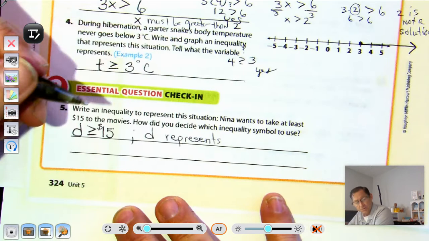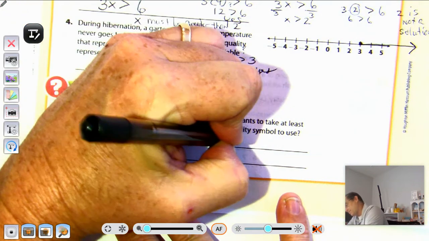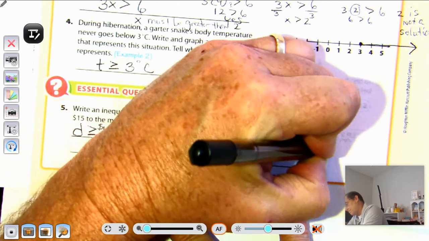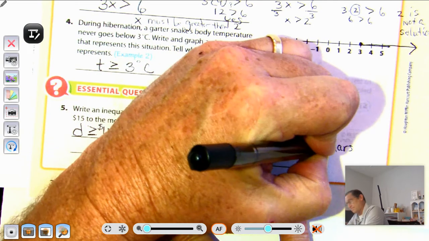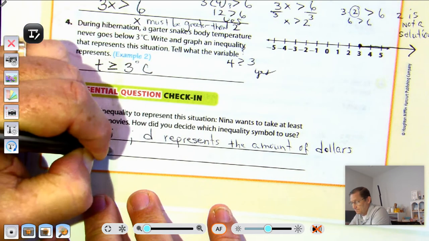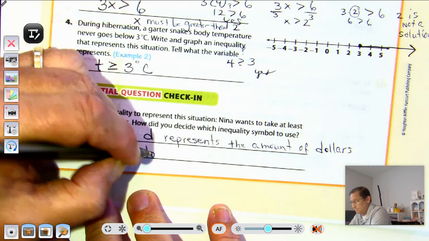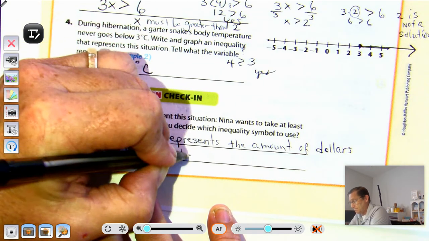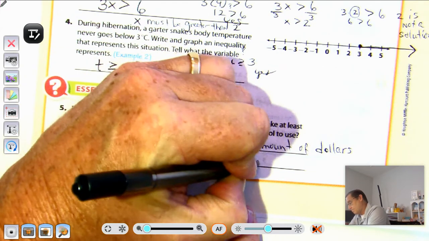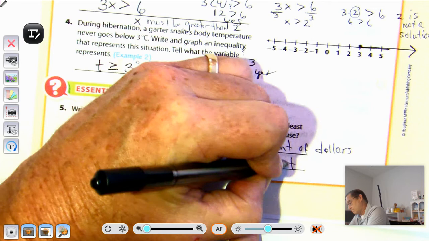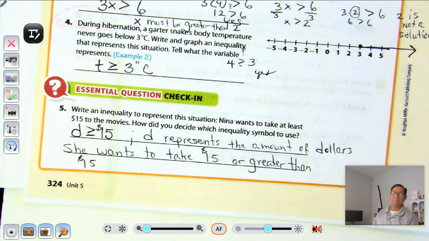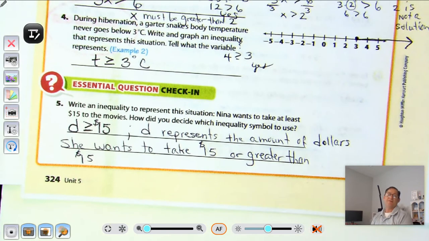represents the amount of dollars she's going to take. So D is greater than or equal to 15.